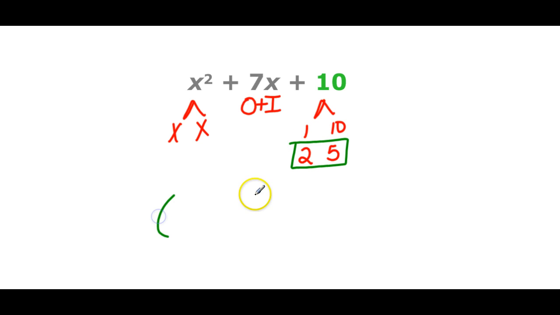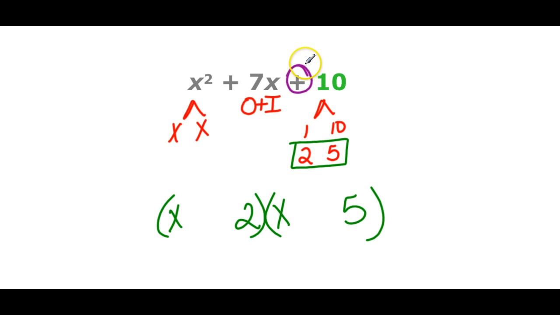So to factor this, I'm going to have two binomials. This is going to be an x here and an x here. The choices that we picked here were a 2 and a 5. And then this part is extremely important. Since this is a positive, that tells you that the signs we put down here have to be the same.